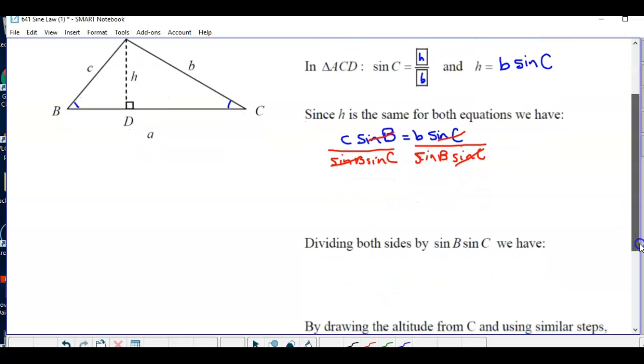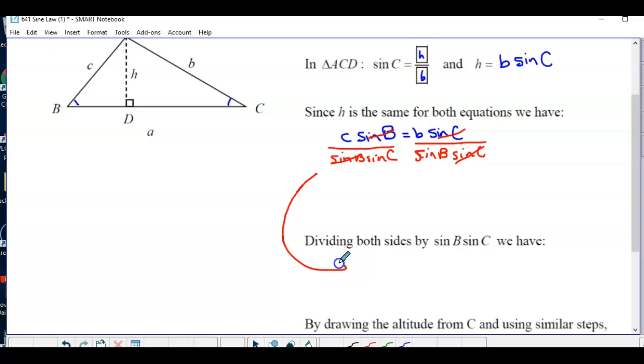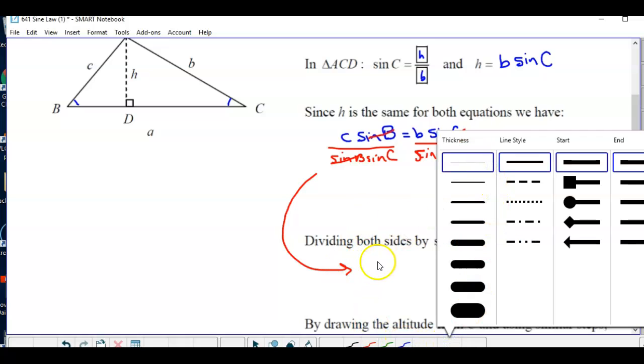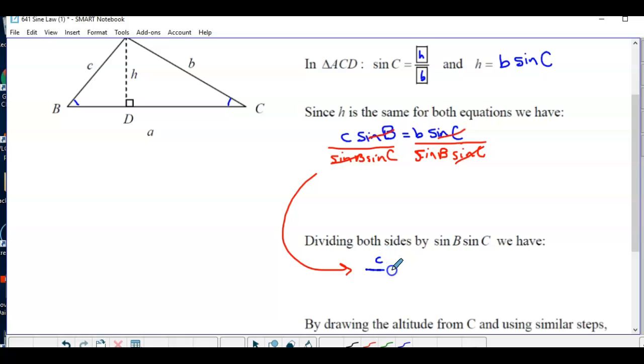What you are left with is lowercase c over sine of uppercase C equals lowercase b over sine of uppercase B. So that is one part of the sine law.